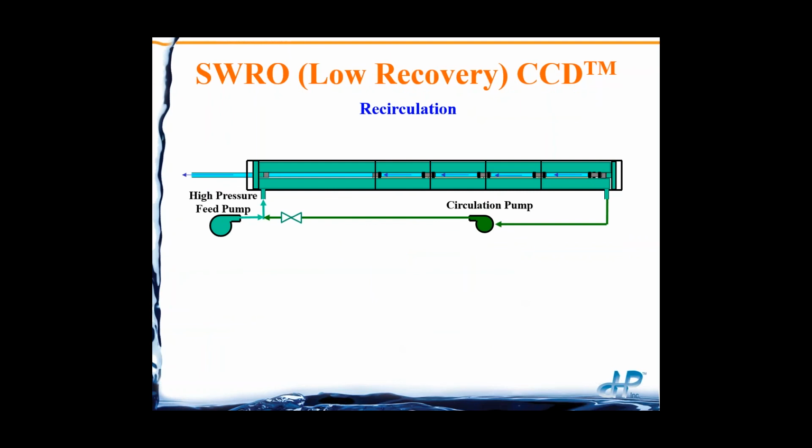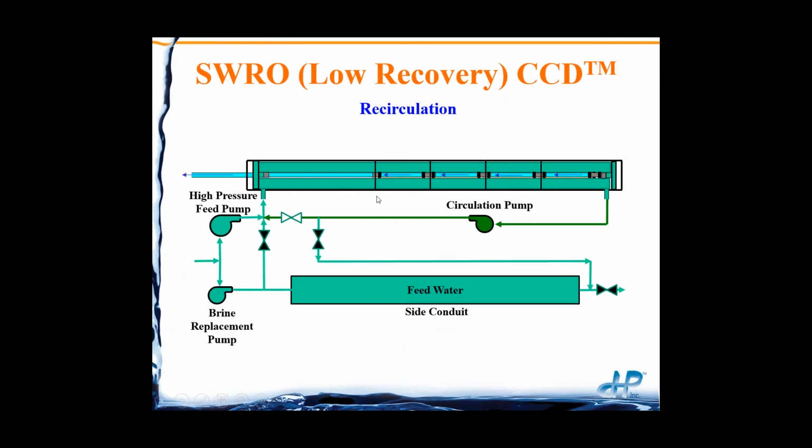But also there's a low recovery version, like for seawater RO, the Reflex Max, where you start out exactly the same way. So we're recirculating, we're going to concentrate. But now, because we're talking about high energy, we really need to recover that energy. So there's going to be a side conduit that's going to act as an energy recovery device.